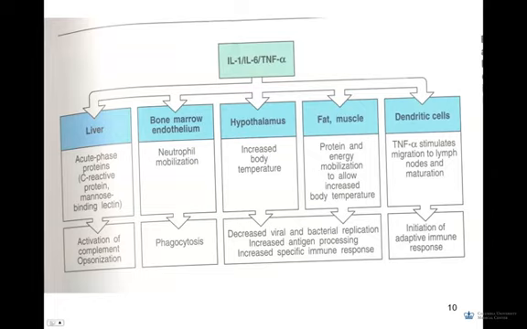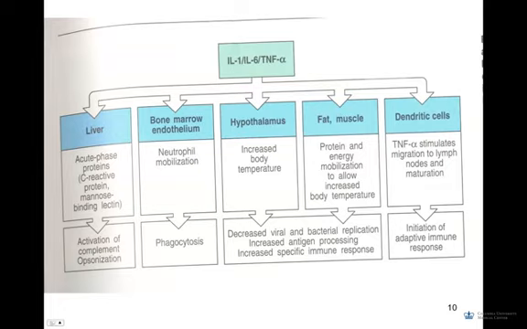And fever serves a purpose. Fever actually is designed to decrease the rate of viral and bacterial replication. Okay? So fever enhances the fight against these pathogens.